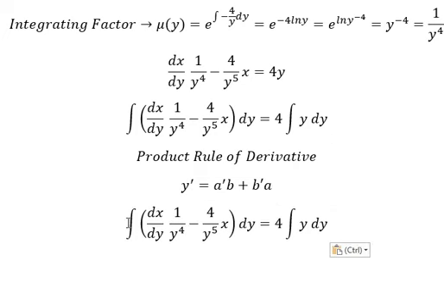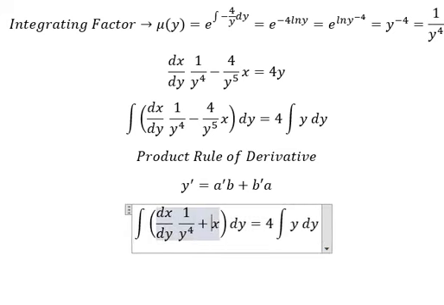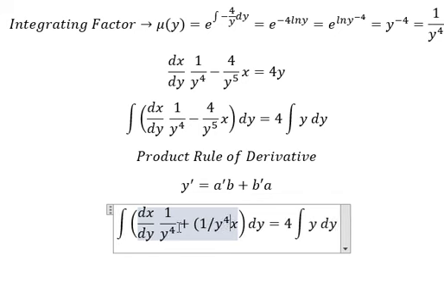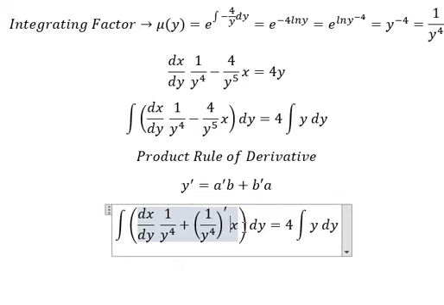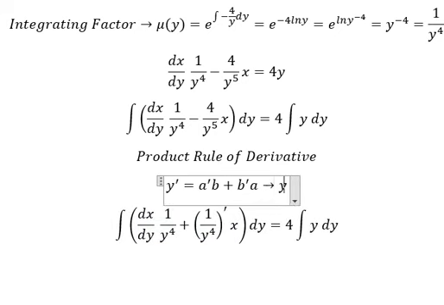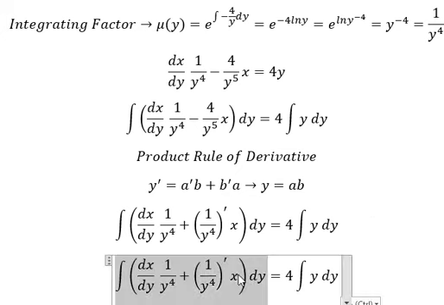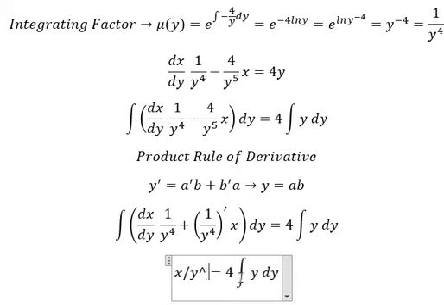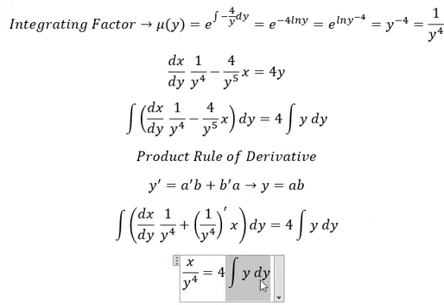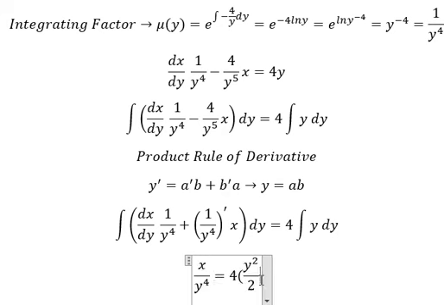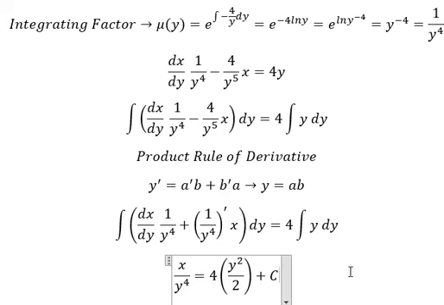So we have the first derivative of a multiplied by b, plus this one, the first derivative of b multiplied by a. So the integration of this one, we have y equals ab. So the integration of that one, that is about x over y to the power of 4. This one we have y squared over 2, and I will put c.